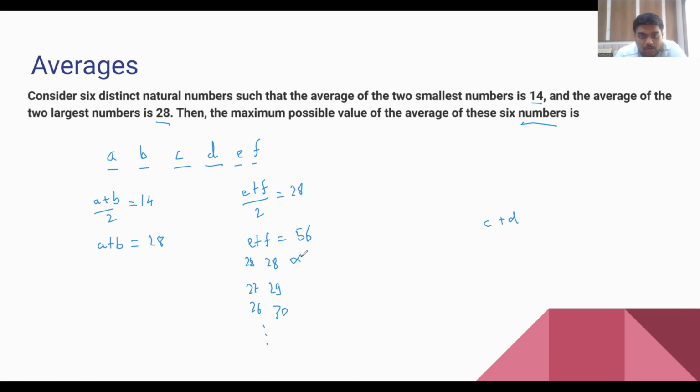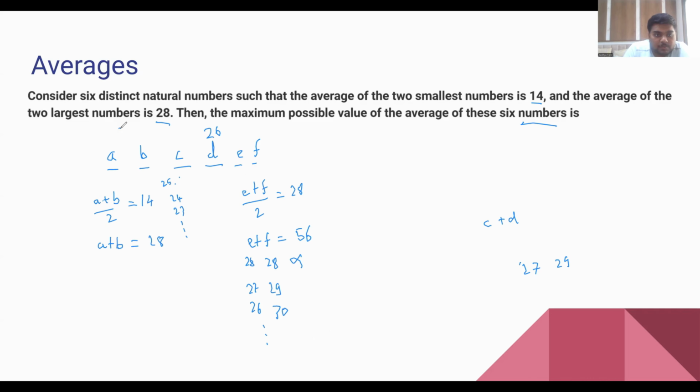The first case is not possible, so the only case left is 27 and 29, which allows 26 to be used here. Then we can have the other value as 25, 24, 23, and so on.